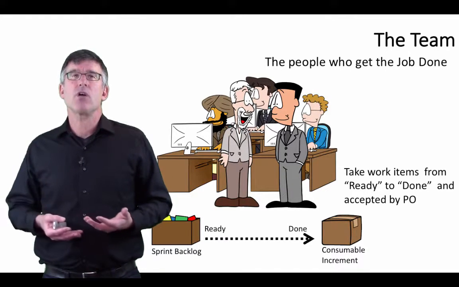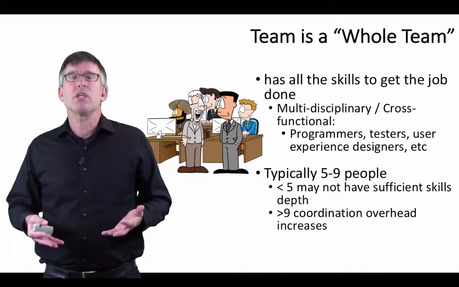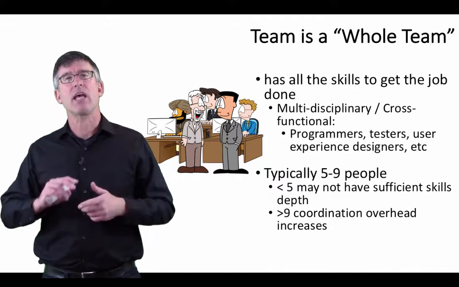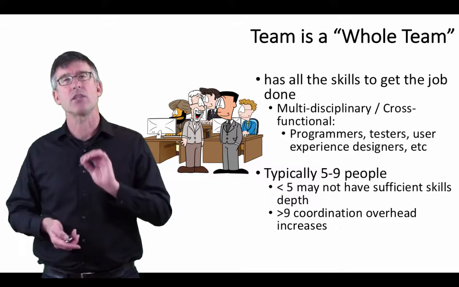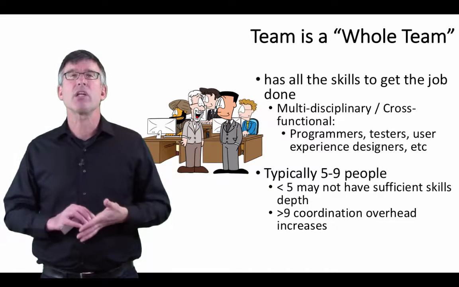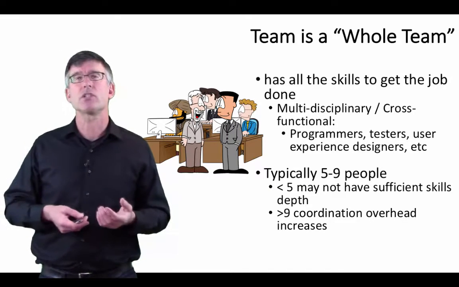So in Scrum, the team is considered to be a whole team. What that means is it has all the skills to get the job done. So you can call it a multidisciplinary or cross-functional team.